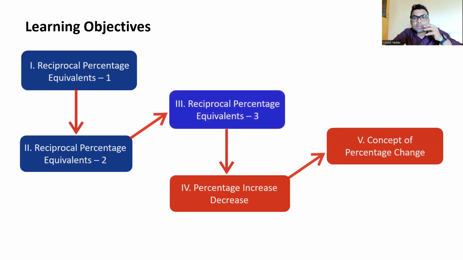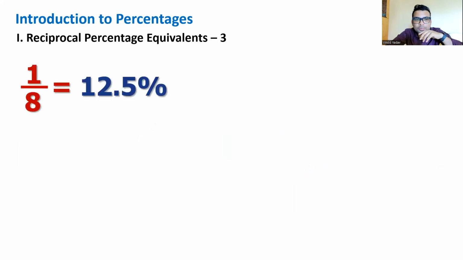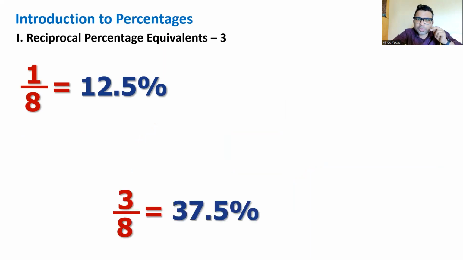Now, a few more set of fractions I'll pick up from these and derive a few more. See, 1 by 8 is 12.5%. Remember 1 by 2 ka half ka half. Now we're going to do odd multiples of 1 by 8. Even multiples will be very easy, right? 1 by 8 into 2 is very comfortable. 1 by 4, that is 25%. Let's do odd multiplication. 1 by 8 into 3.